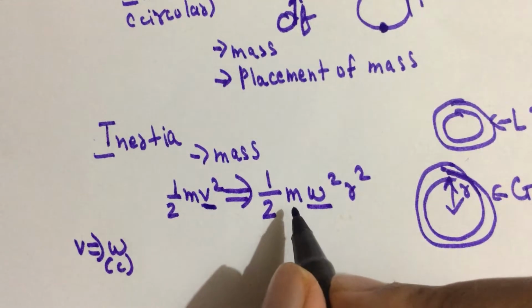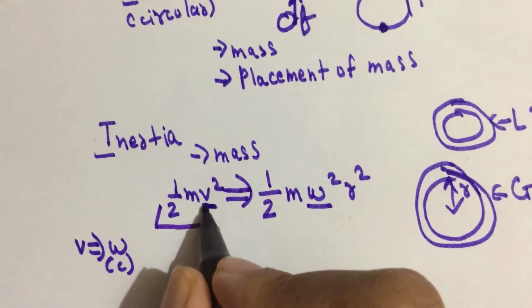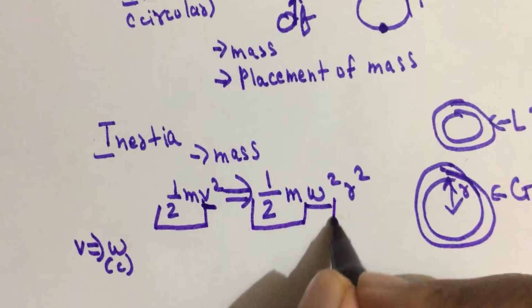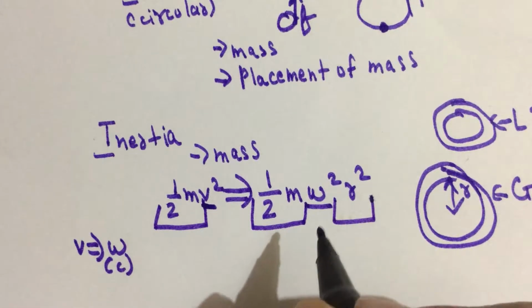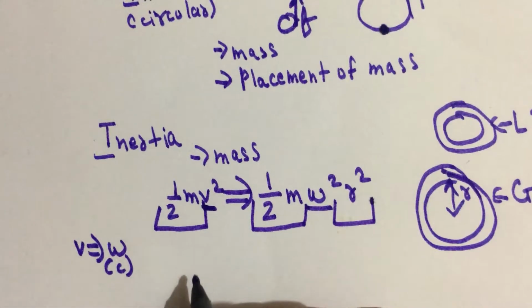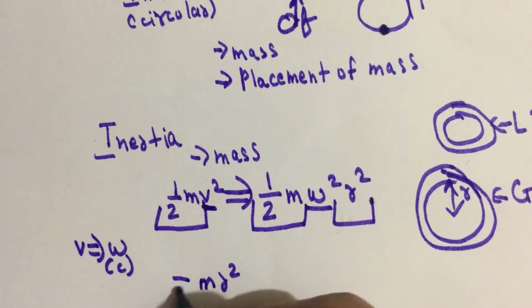So we can say that in this case, half mv square is similar to half mr square omega square. So for this particle, the mr square is the circular equivalent of m.